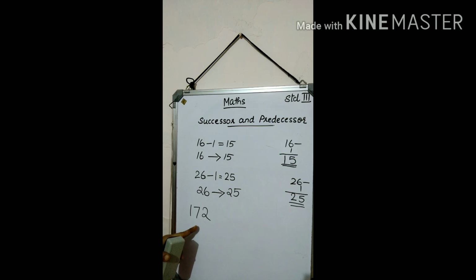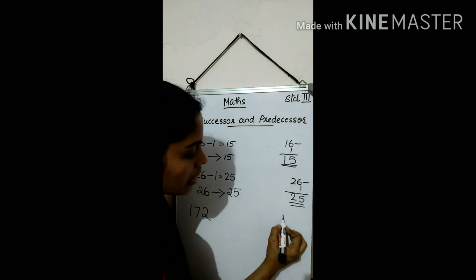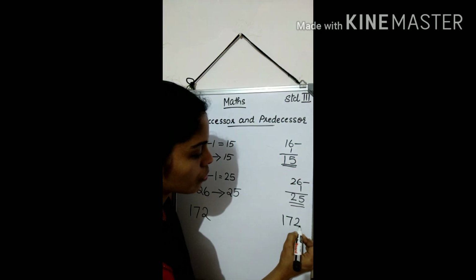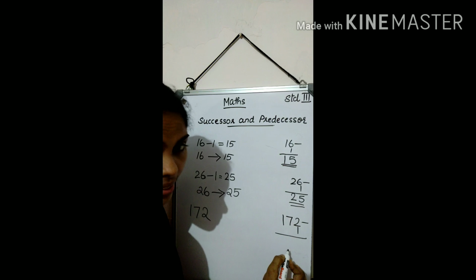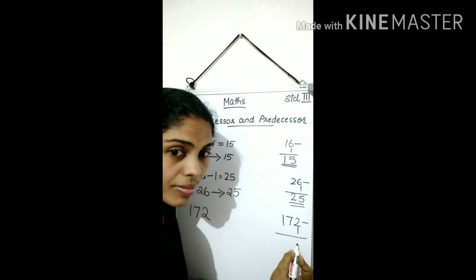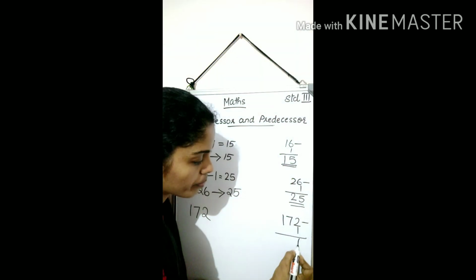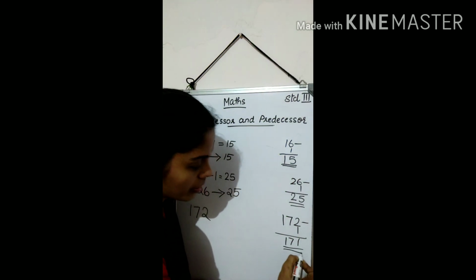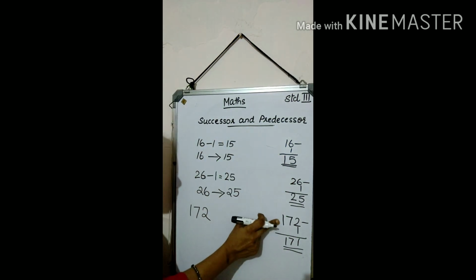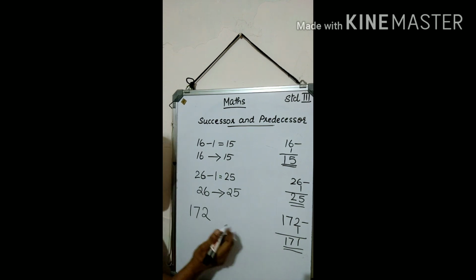To get the predecessor, you have to subtract 1. 172 minus 1. 2 minus 1 is 1. So the predecessor of 172 is 171.